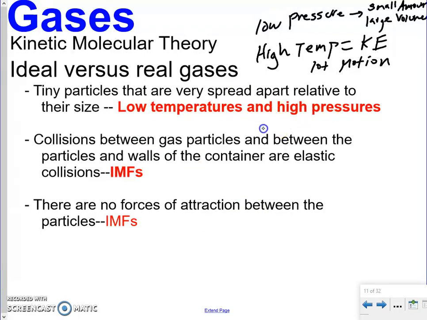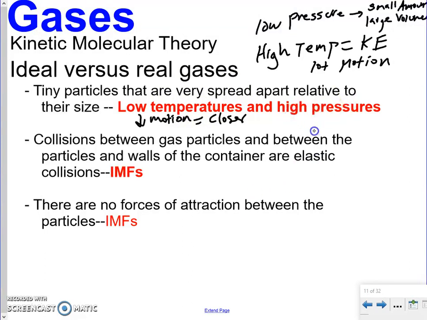So what happens at low temperatures and high pressures? Well, at low temperatures, this is going to decrease our motion, which means the molecules are going to have a tendency to be much closer together. If they're close together, they're going to be interacting with each other a lot more, and there's going to be more area that the molecules themselves are taking up versus being really spread out and separated.